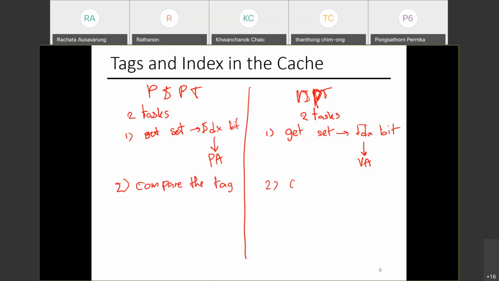Why do you need to compare the tag? The tag is used to make sure that this is your data, not some other random cache block that just happens to have the same index bits. So you use the tag to compare. For PIPT, do I use physical or virtual address for the tag? It's physically tagged, so both of these are PA.